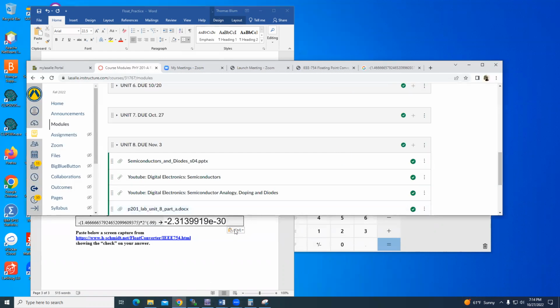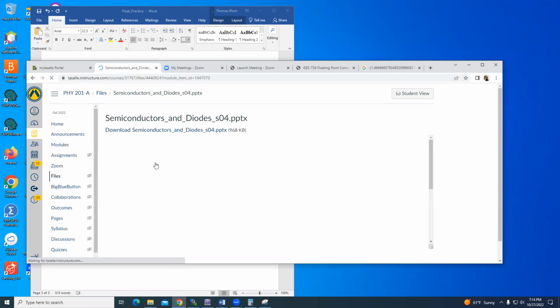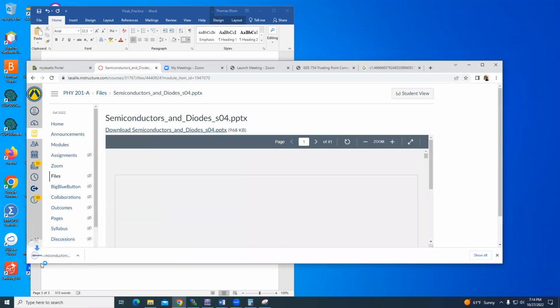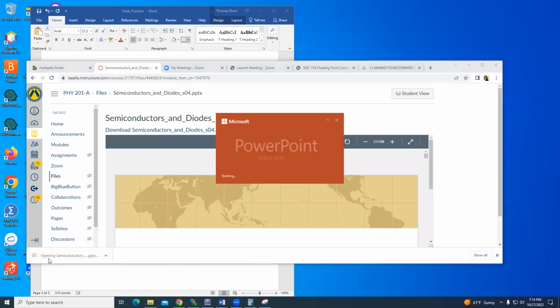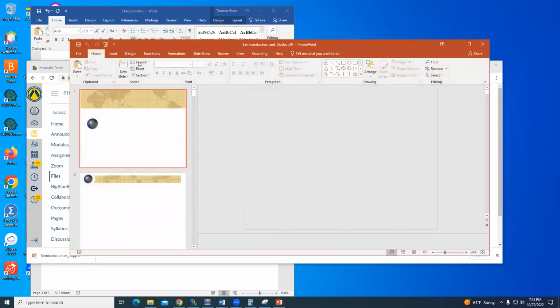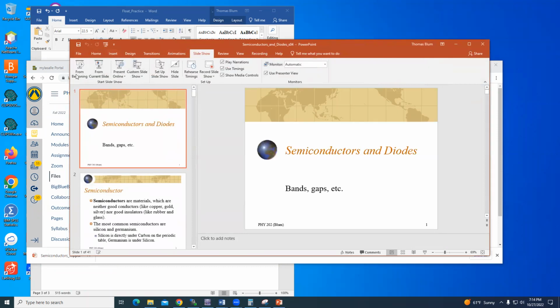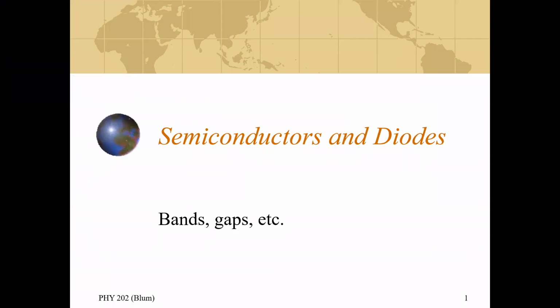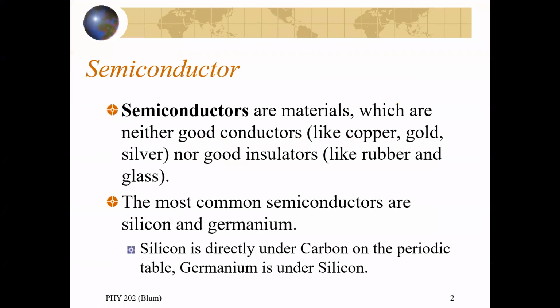So semiconductors and diodes. A lot of our logic circuits are based on semiconductors, and so we want to understand a little bit.